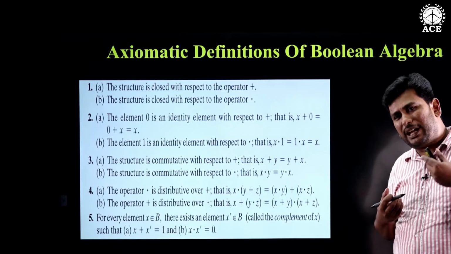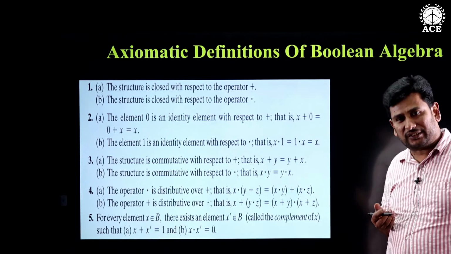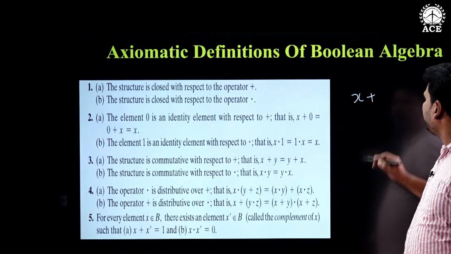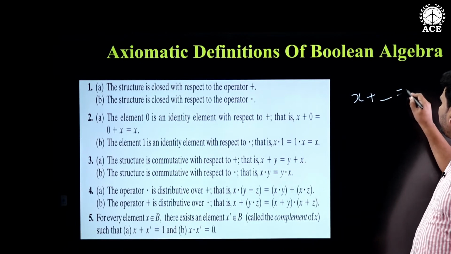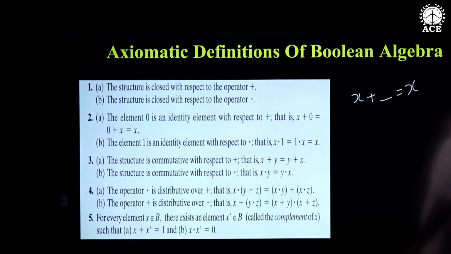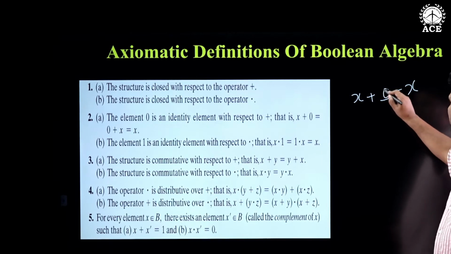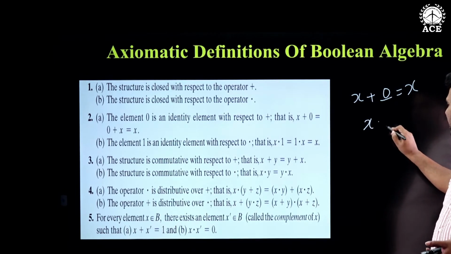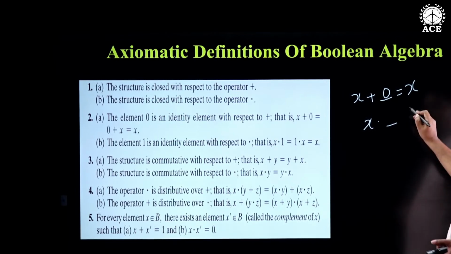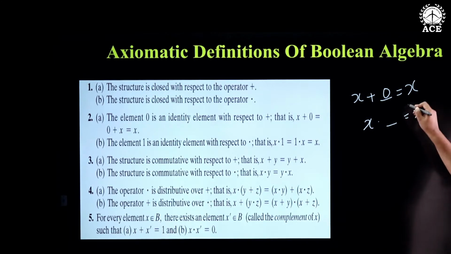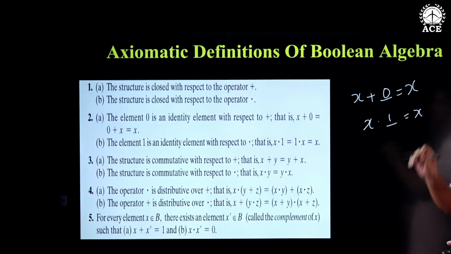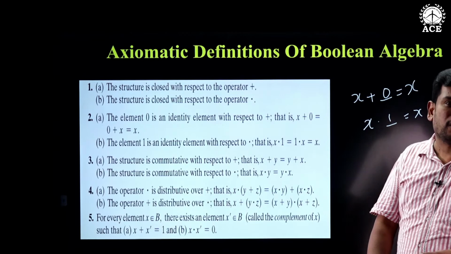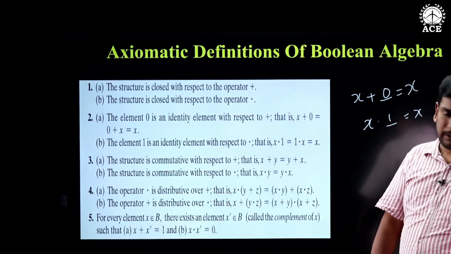I should add something to X so that it remains X itself. For additive nature, X should be added with a dash so that it remains X. The answer is simple, it is 0. In the same way, if you have to AND X with a value so that your result is X, that value is 1. So 0 for the OR operation and 1 for the AND operation are called identity elements.